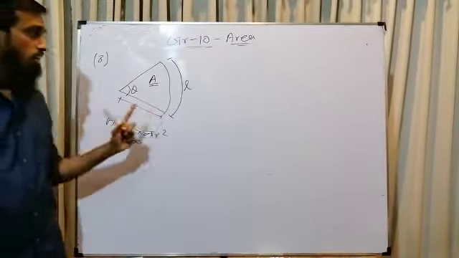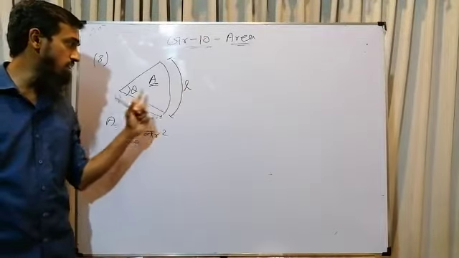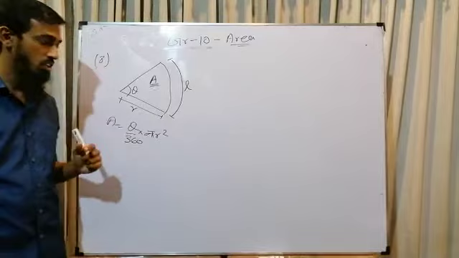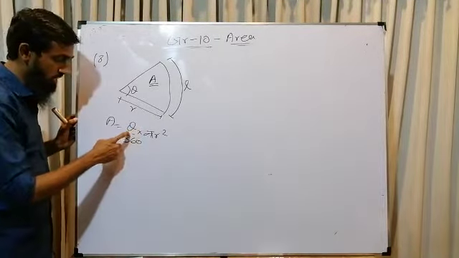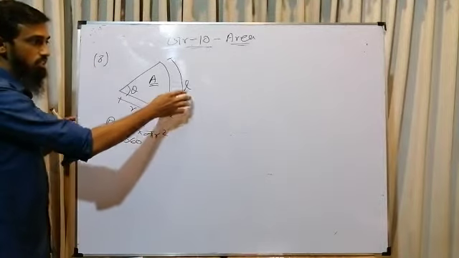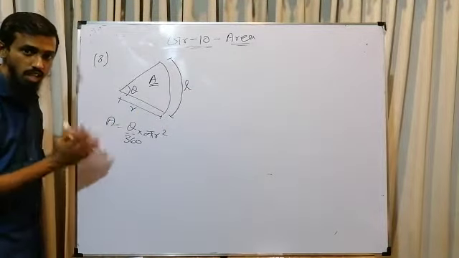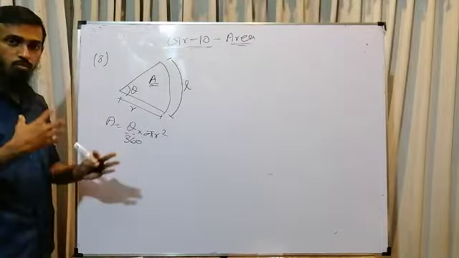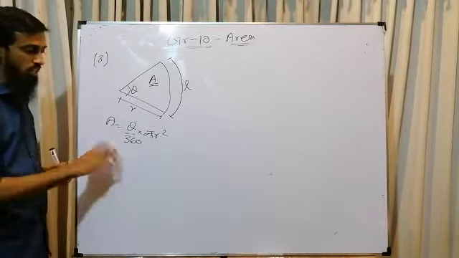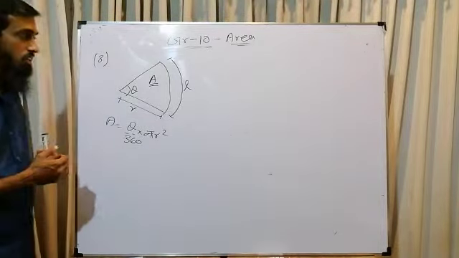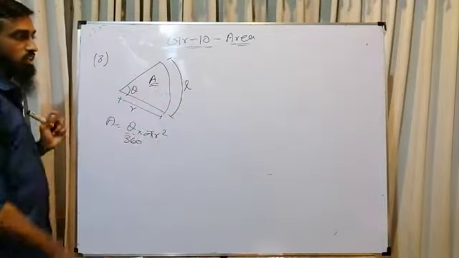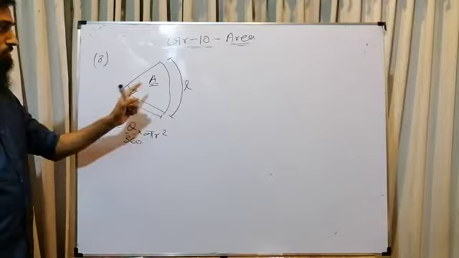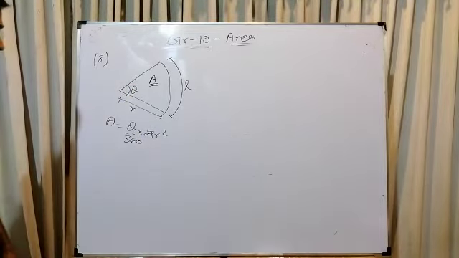Is there any connection between arc length and theta? Yes. So instead of theta, we can represent it with L. Then we can use a formula for area with L. So that's the basic idea. First of all, we need to write the arc length of this sector.